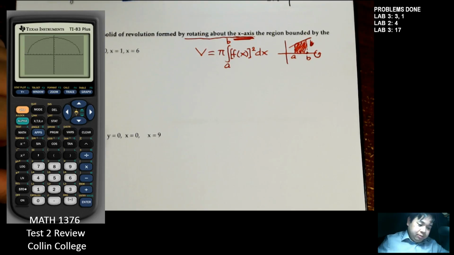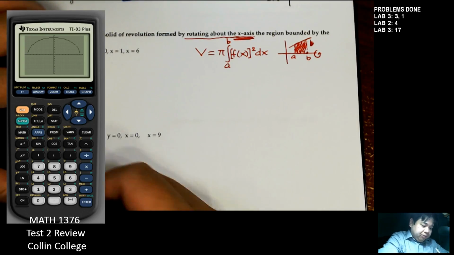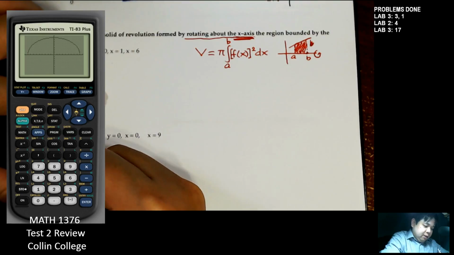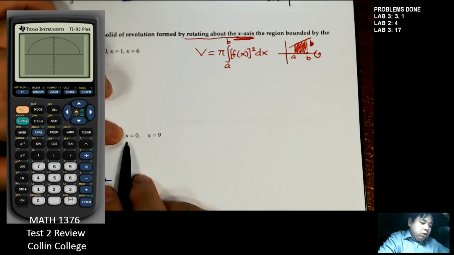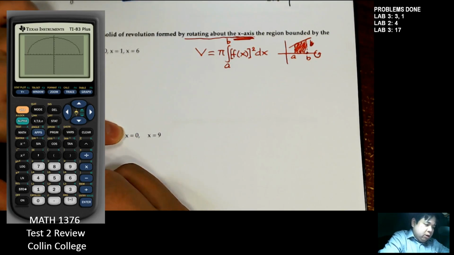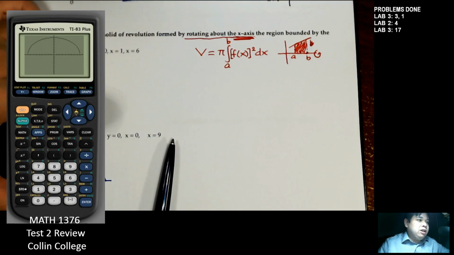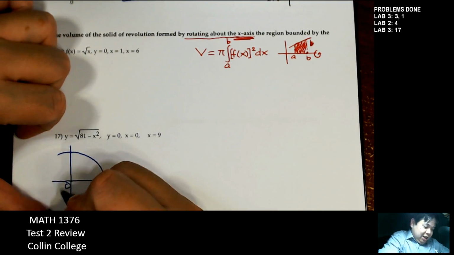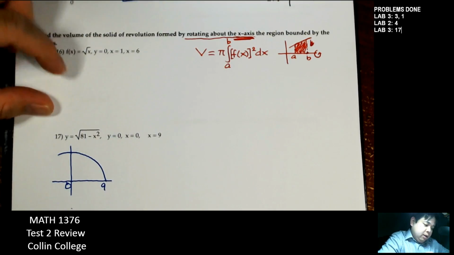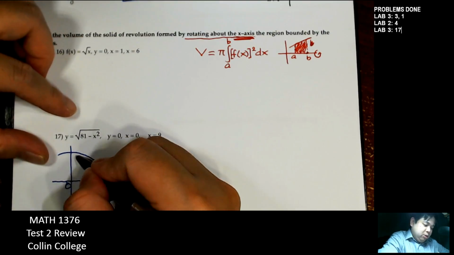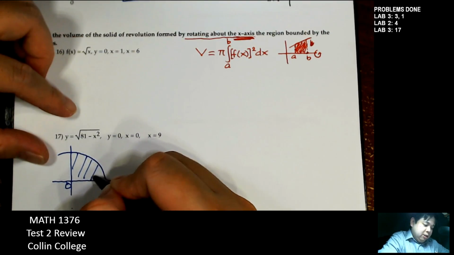It is a circle, by the way, with radius equal to 9. We are only interested in the part where x goes from 0 to 9 and y is greater than 0. So pretty much we're talking about this one.